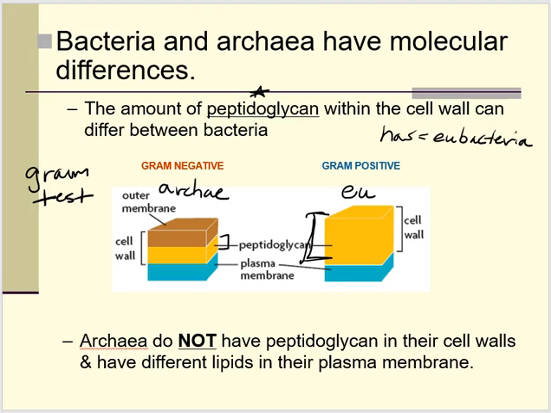It turns color. They both have it, but when we look at them, we don't see the little, thin, little bitty layer of it in the archaebacteria. So we say archaebacteria do not have it in their cell wall, even though they do have a little bitty thin layer of it. It's just not identifiable when you're thinking about a microorganism. Okay?